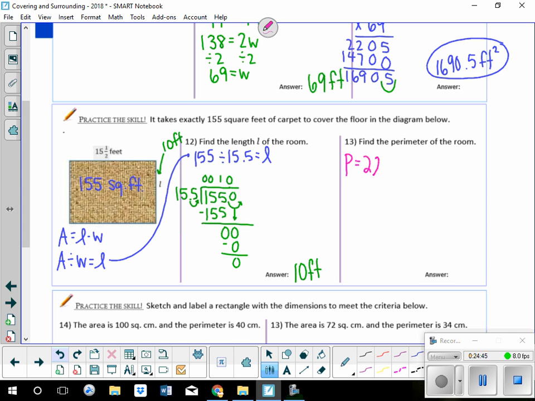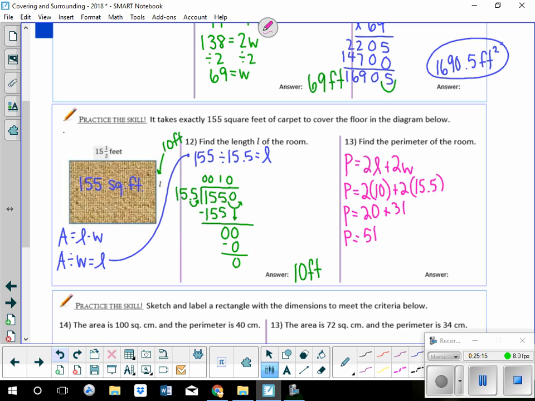So 2 groups of the length would be 2 groups of 10 plus 2 groups of the width, which is 15.5. So perimeter equals 20 plus 31. So our perimeter equals 51 feet. So we'll write that down. Here's our answer too. All right.